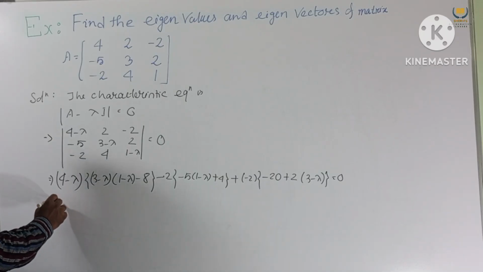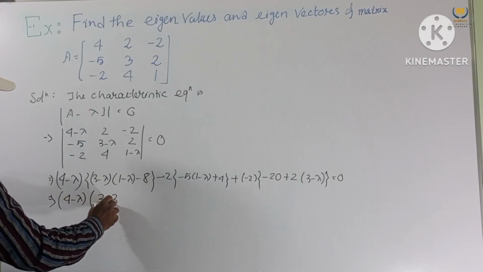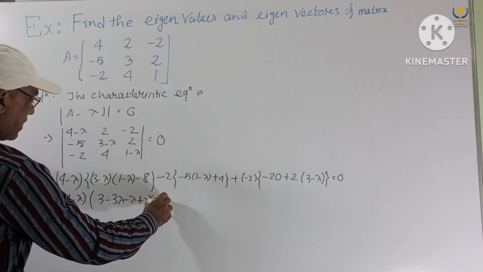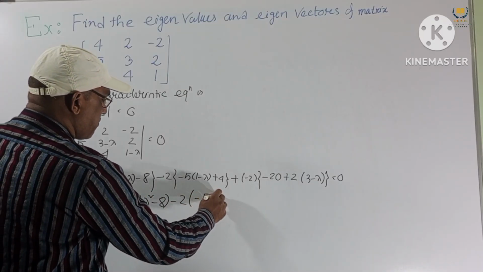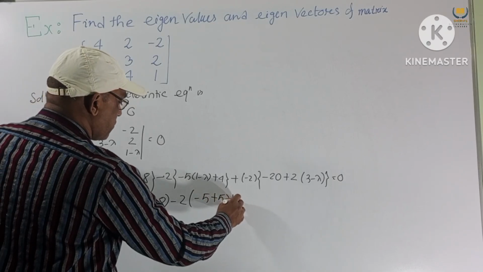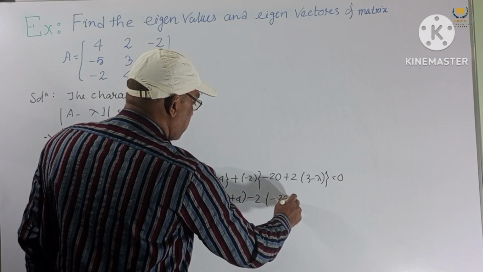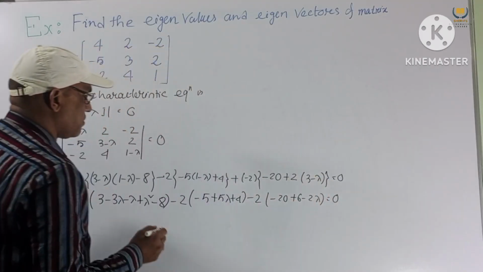This implies 4 minus lambda times (3 minus 3 lambda minus lambda plus lambda square minus 8) minus 2 times (minus 5 plus 5 lambda plus 4) minus 2 times (minus 20 plus 6 minus 2 lambda) equal to 0.